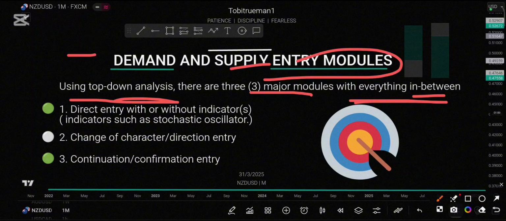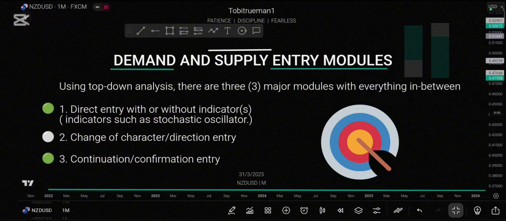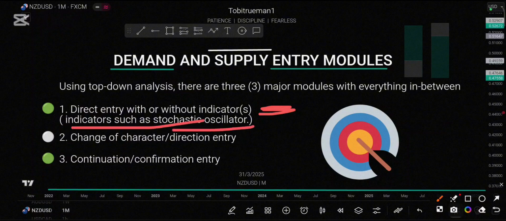Now, let's go to the entry modules. Number one that we have here is the direct entry with or without indicators. If we want to use indicators, we are going to be using the stochastic oscillator. There are a lot of indicators that can help, but from my previous studies, observations and backtesting, the stochastic oscillator is okay.